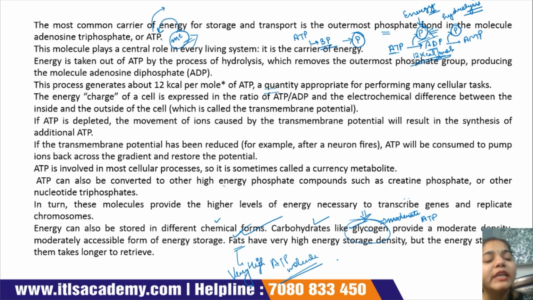ATP can also be converted to other high energy phosphate compounds such as creatine phosphate and other nucleotide phosphates. The energy generated by these compounds is utilized for gene expression, and we also store the energy in the form of chemicals such as fats and glycogen.